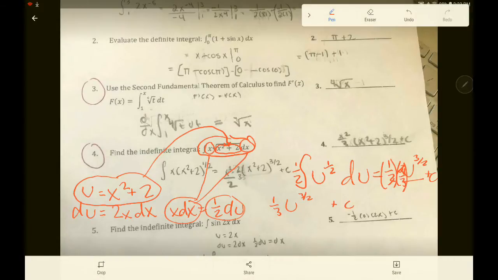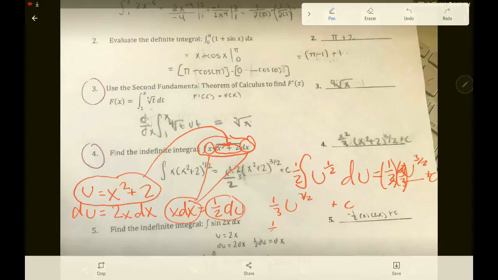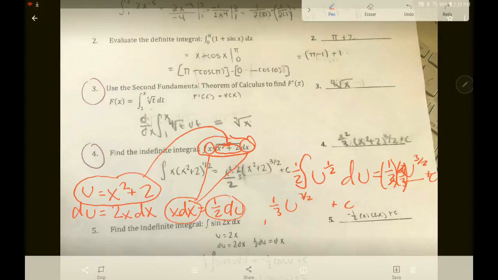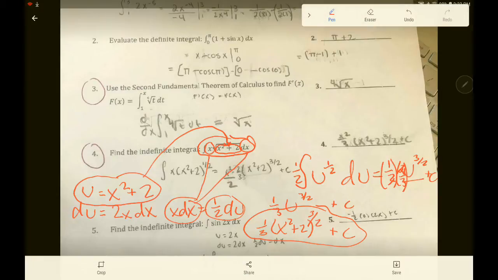U is x squared plus 2, so it's 1/3 times x squared plus 2 to the 3 halves plus c. So see if you can write that out. I'm going to erase this in a minute, but you have it on a video, so you can go back and look it over.